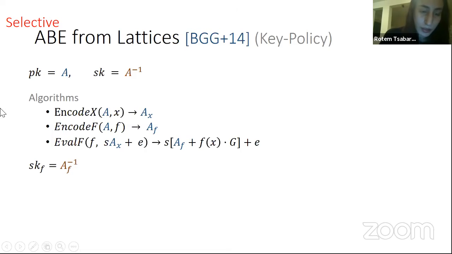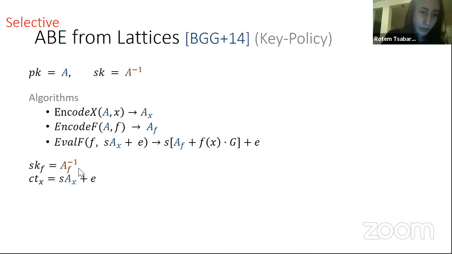So we generate a ciphertext simply as an LWE instance with respect to the matrix A sub X. Then we want to generate a constrained key for the policy F, so we provide a trapdoor for the matrix A sub F. And of course, we need the property of the Encode F function that if we have the trapdoor for the A that we begin with, then we can also compute the trapdoor for this A sub F.